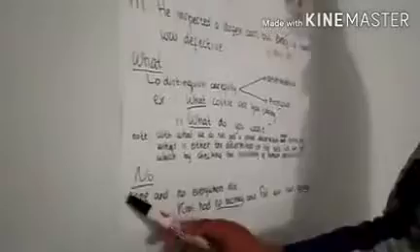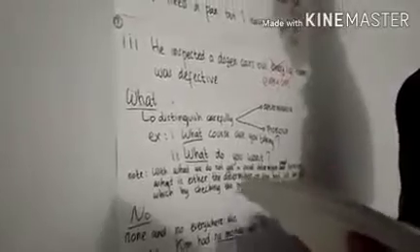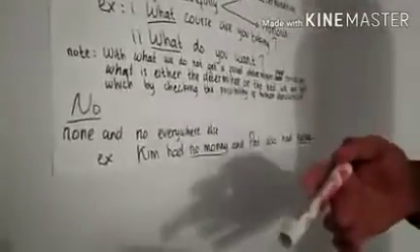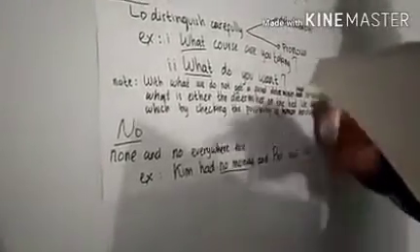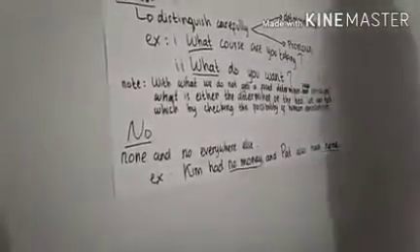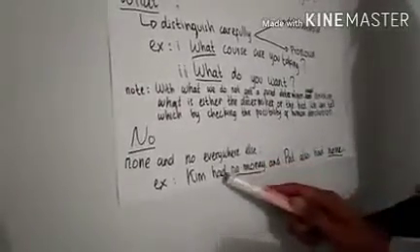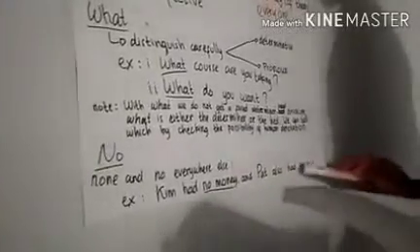And then no. No does occur in the fused determiner-head construction, but we will find the difference in inflection. For example, "Kim had no money, and Pat also had none."